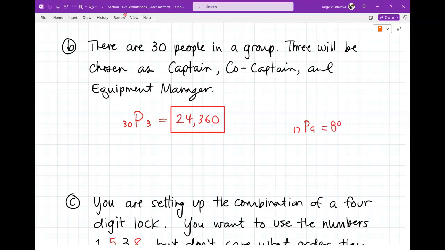So what do we get? 8, 8, 2, 1, 6, 1, 2, 8, 0, 0. So there's 8,821,612,800 combinations that your baseball coach can choose from. That's how many combinations they can do.